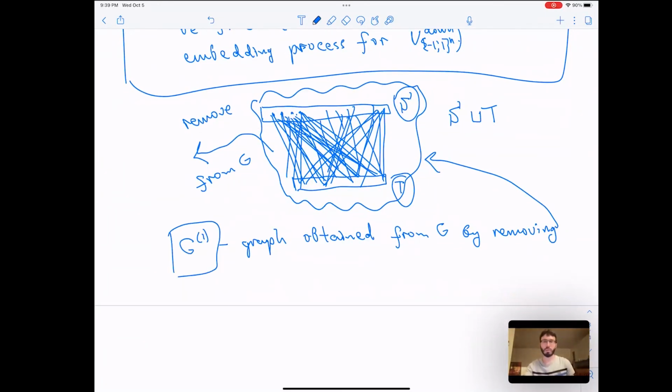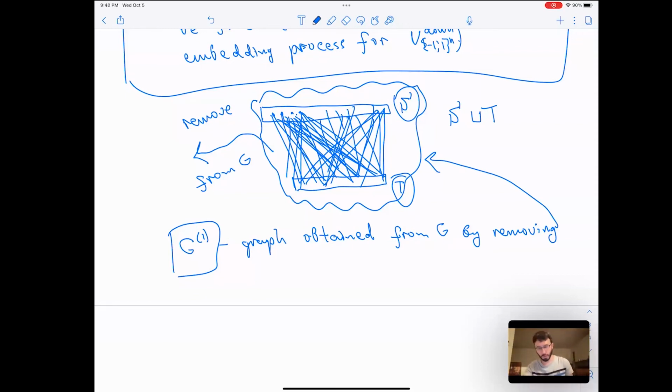And one of 2 things happens. Either we now find a set S in the graph G1 such that the common neighbors of n-tuples are spread, and then the embedding would work. Or we have the same situation as here.